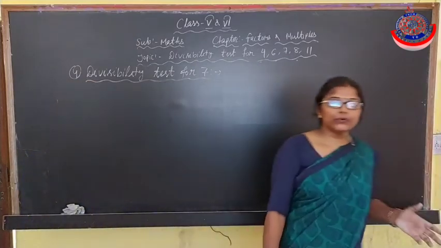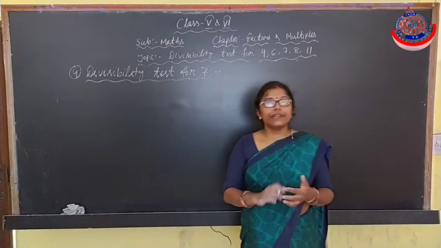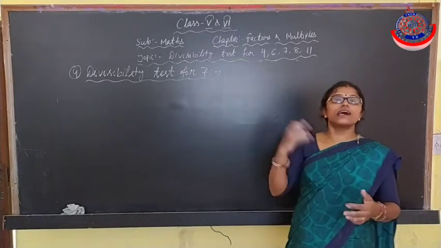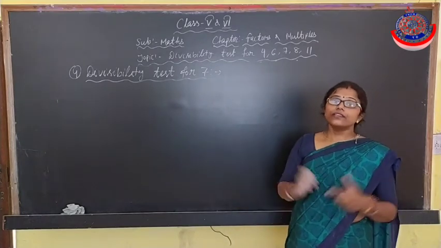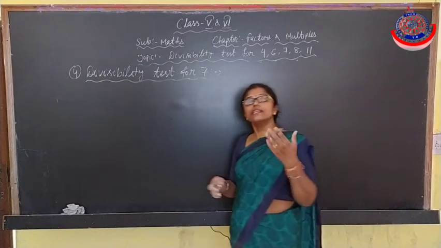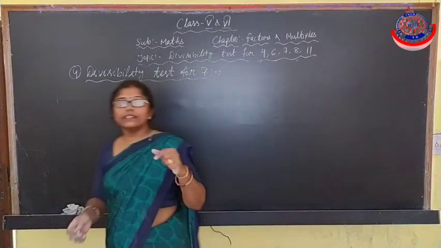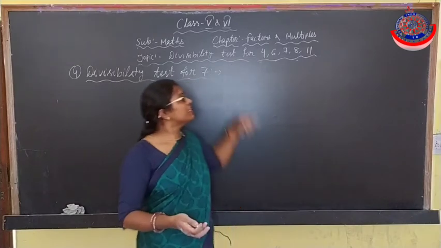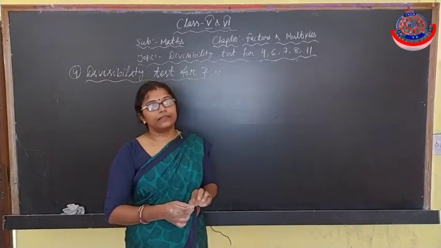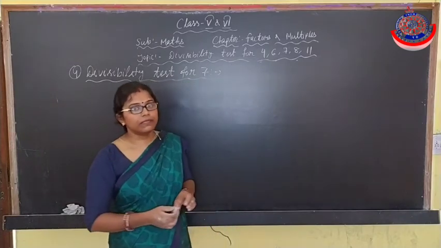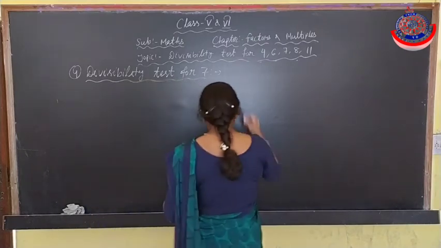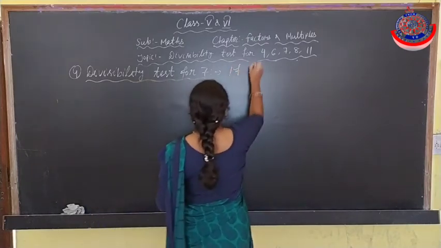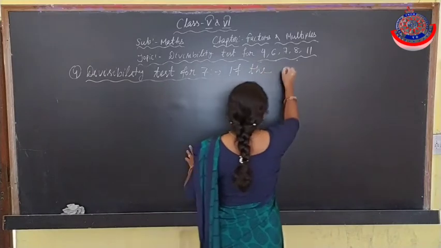And what is the rule? If the difference of twice the last digit and the number formed by the remaining digits is divisible by 7, then the number will be divisible by 7.